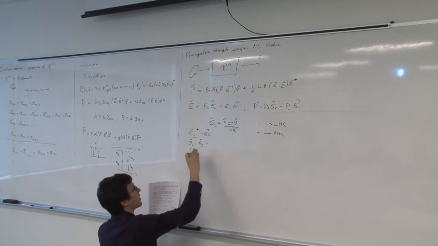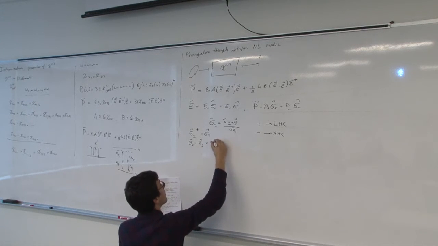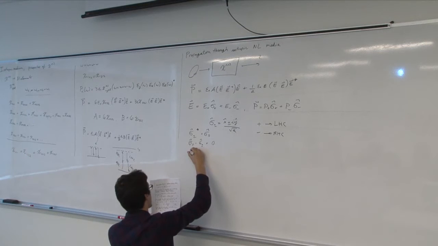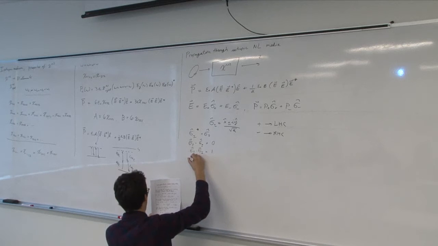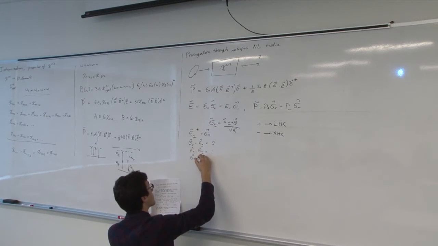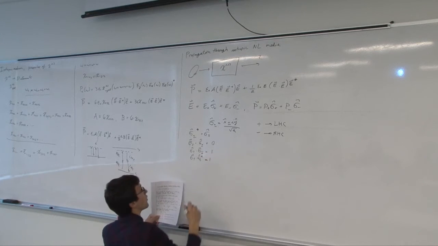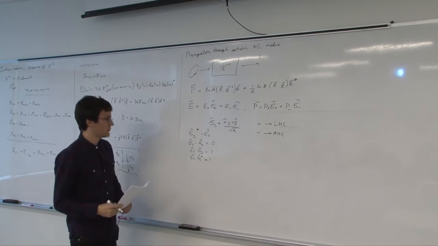This is given by, I will let you do the algebra, and this gives us 0. Now let's consider the dot product with the other handedness, it gives 1. And now let's consider the dot product with the complex conjugate. Oops, this is plus or minus, and now this is the complex conjugate. It is equal to 1.